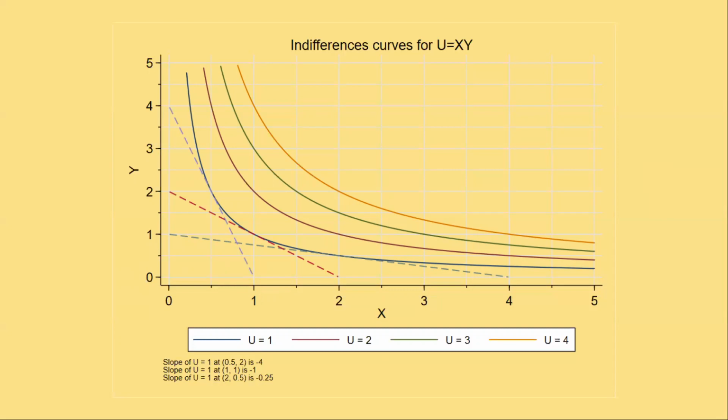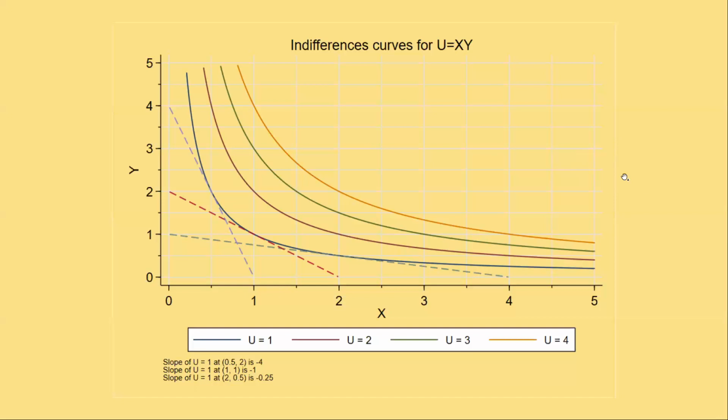So at the end of the last video, I was trying to draw how the indifference curves will look like when the marginal rate of substitution is diminishing. And I didn't do a very good job there, but in this graph, I hope it becomes clearer to see this point.